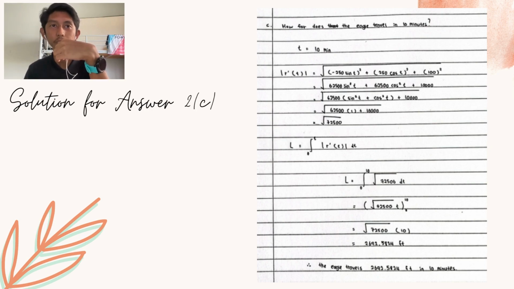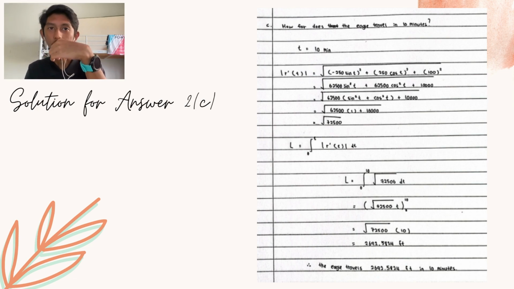Selepas dah dapat yang tu, kita akan buat formula untuk dapatkan jarak yang helang tu travel. Dengan menggunakan formula tu, kita akan gantikan t dengan 10 sebab t tu adalah masa. Kemudian r prime (t) kita akan gantikan dengan punca kuasa 2 72500 yang kita dah buat kiraan dekat atas tu.